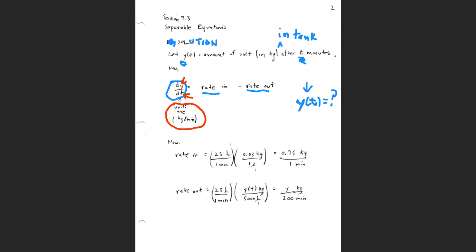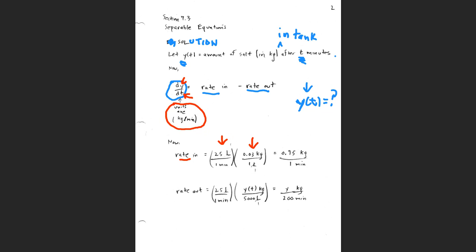The brine solution enters at 25 liters per minute. But the concentration of the salt in the briny solution is 0.03 kilograms per liter.